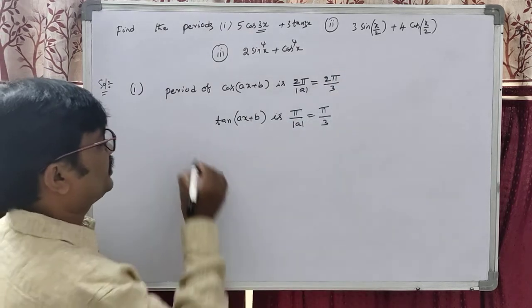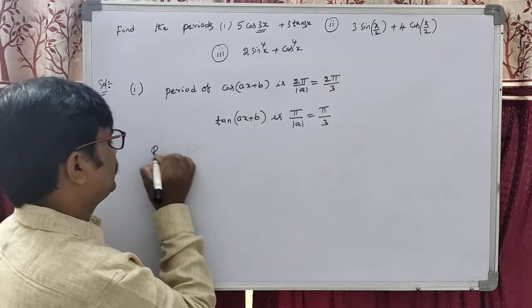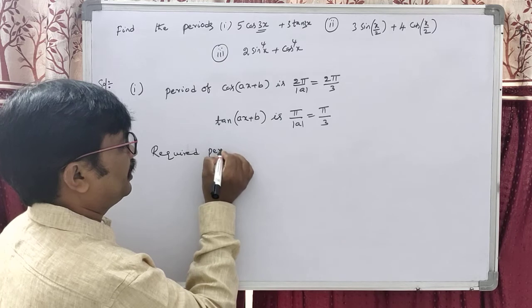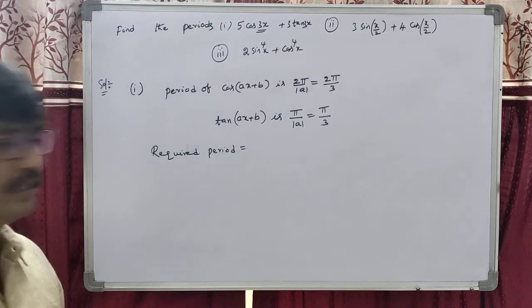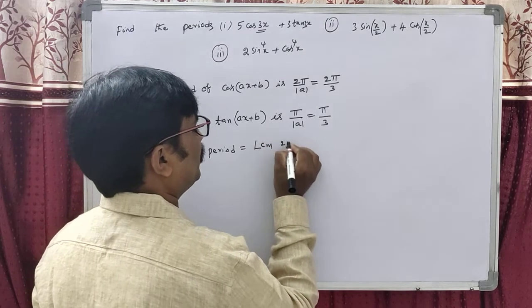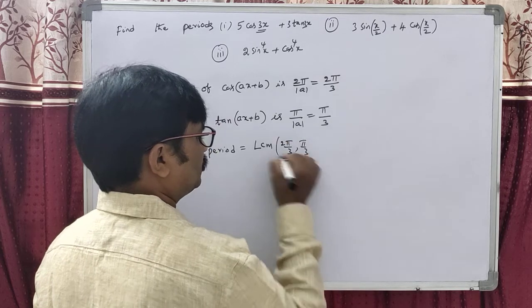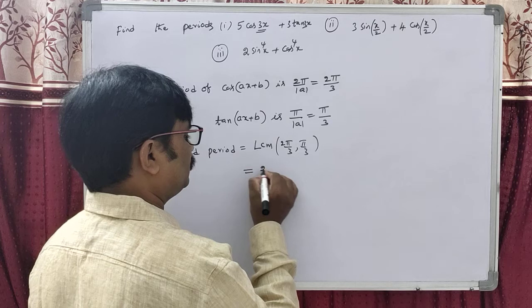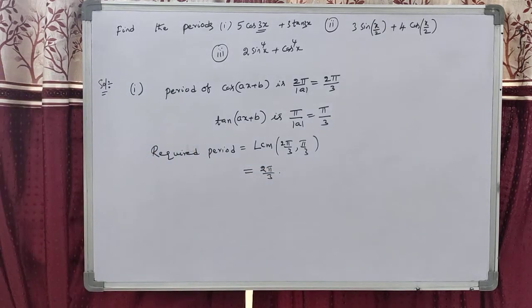So the required period is the LCM of 2 pi by 3, pi by 3. So the LCM of 2 and 1 is 2. That is 2 pi by 3.